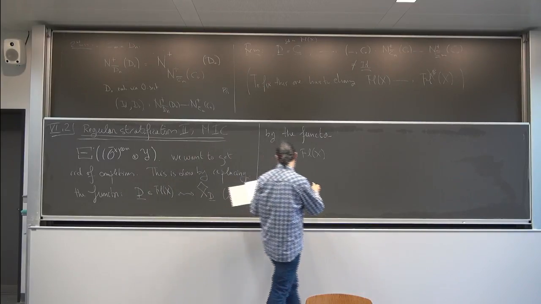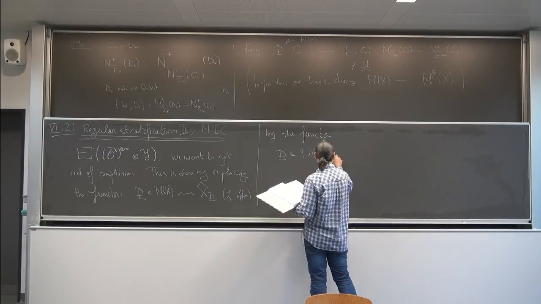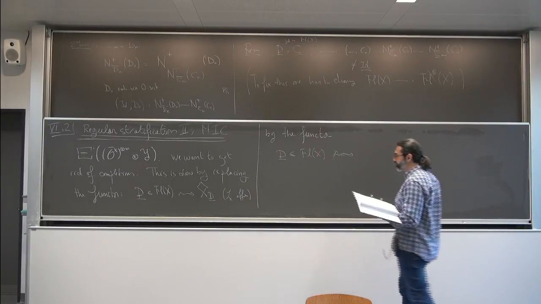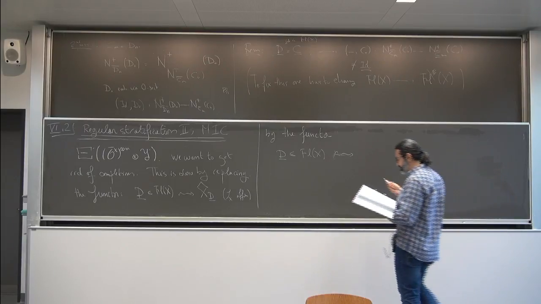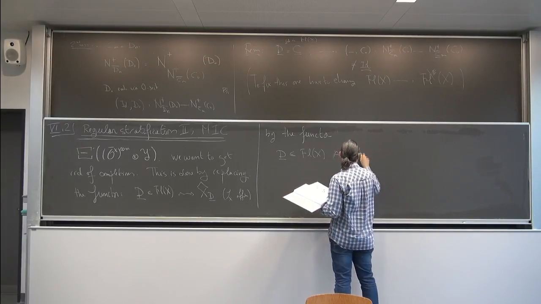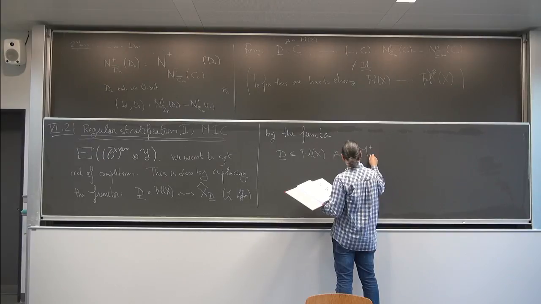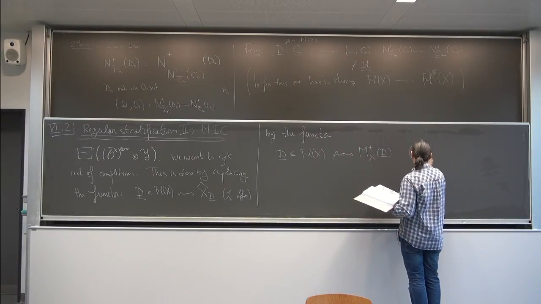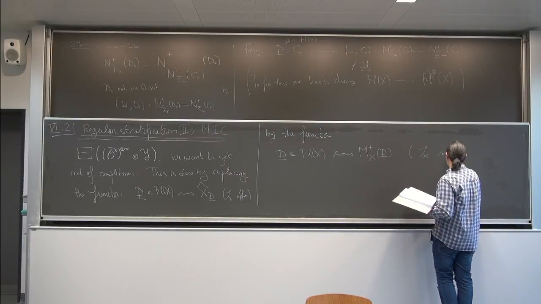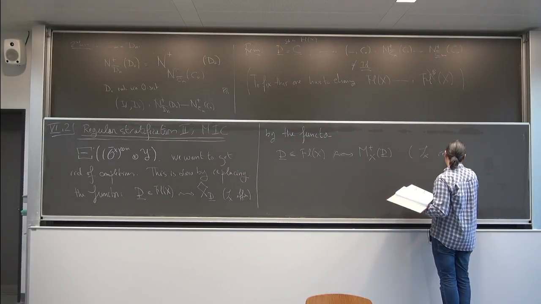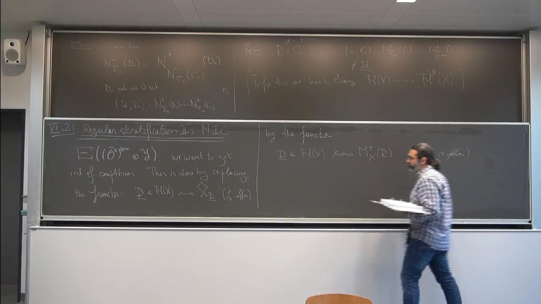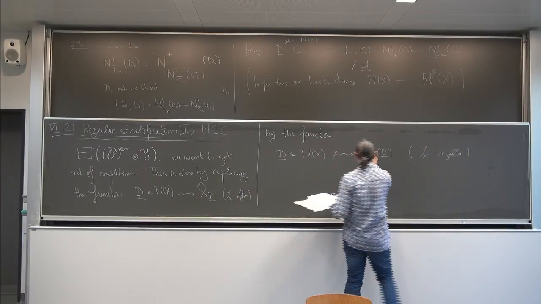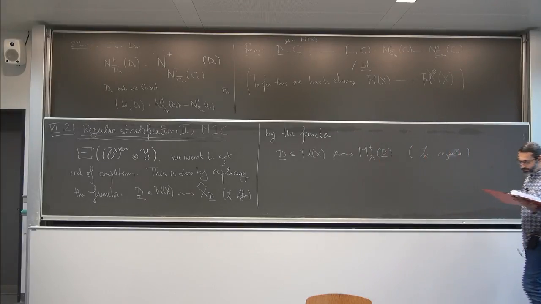Here we need to assume more, or maybe there's a different condition, but it's a construction of a similar nature. So to a flag D, we take this M plus XT. Here, of course, SX is regular. The idea is that we want to replace these completions by this stratified thing.